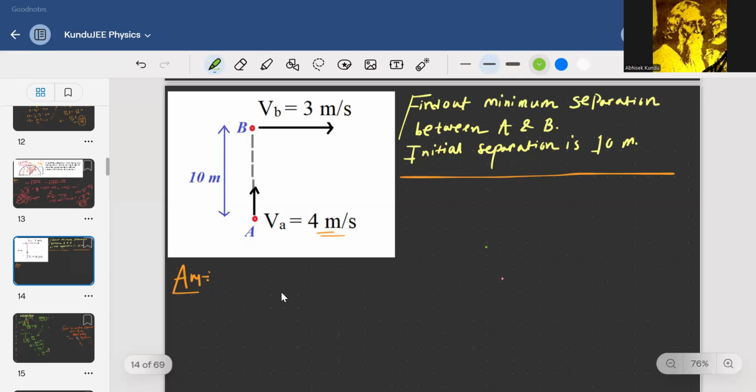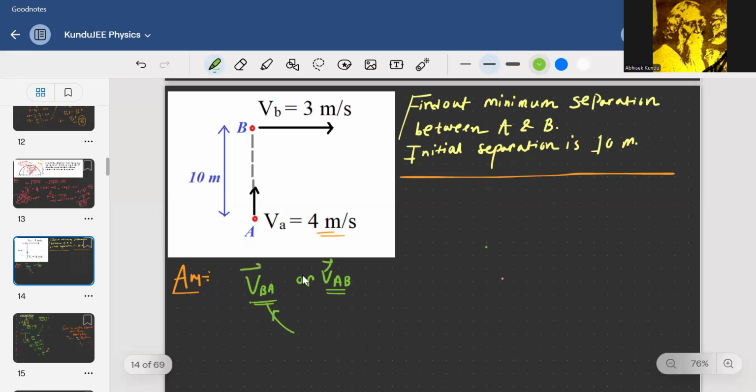You can use the concept of relative velocity here and solve this problem. You can think about what is the velocity of particle B with respect to particle A, or either way, you can find out the velocity of particle A with respect to particle B also. What is the actual meaning of the velocity of particle B with respect to particle A?